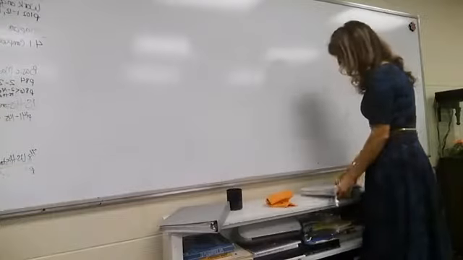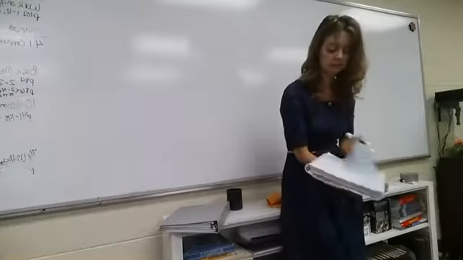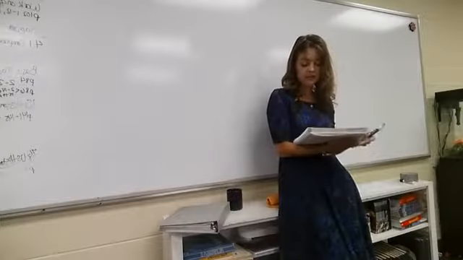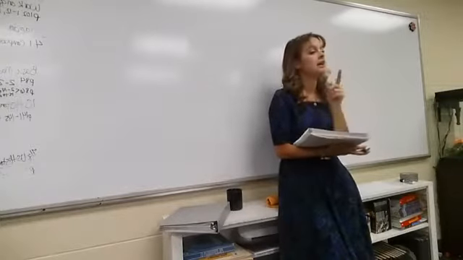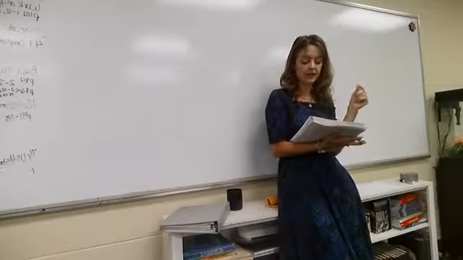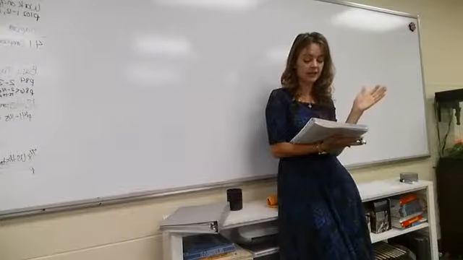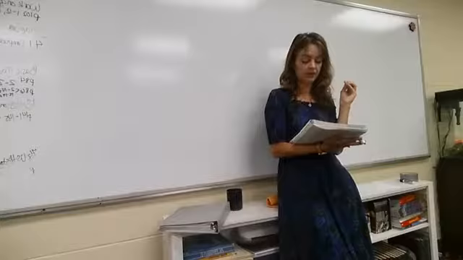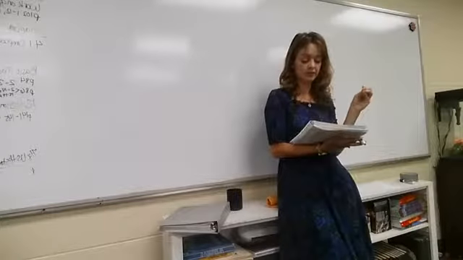All right, now page 55. Page 55 says forms of line. Notice I called your attention to this. It has y minus y1 equals m times the quantity x minus x1. That's our point slope form. Then we have slope intercept form, y equals mx plus b.